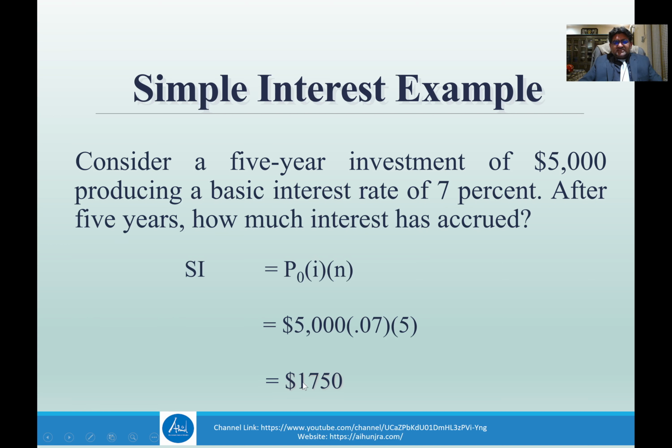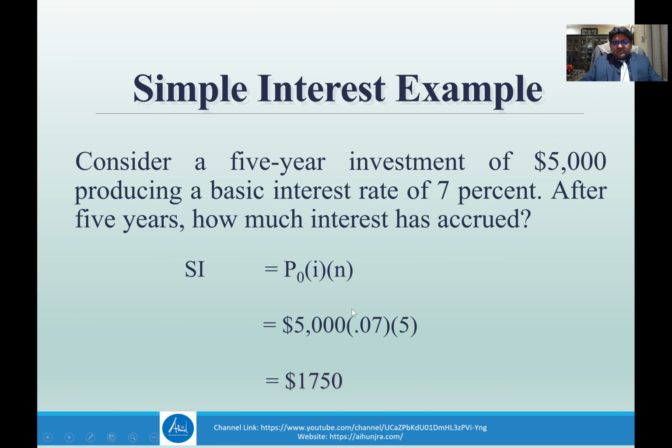So in this case, we simply calculate the simple interest amount. The principal is 5,000, that is the investment today which we are going to invest, the present value. The interest rate is 7%.